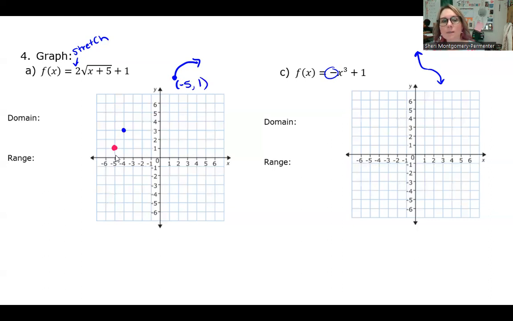The next one, my next perfect square would be moving over 4. 1, 2, 3, 4. And the square root of 4 is 2, but I'm not going to go up 2. I'm going to double it. So how far up do I go? 4.